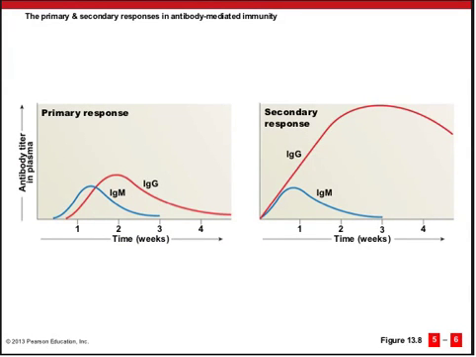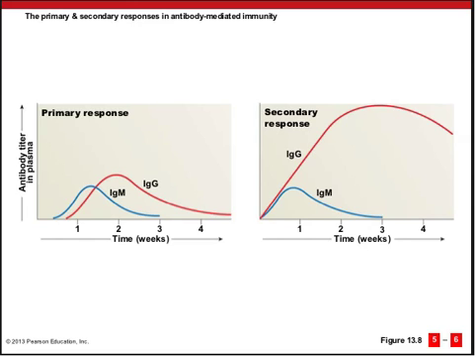Okay, this is just a look at the difference between the primary and secondary response to a particular antigen on a pathogen. In the primary response to antigen exposure, it takes time to develop. The antigen activates the B cells, which differentiate into plasma cells and secrete antibodies into the plasma.